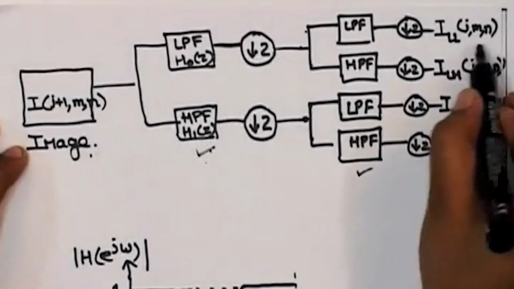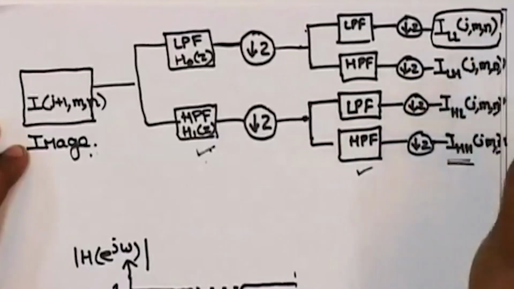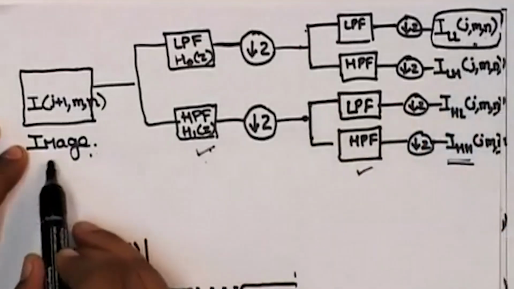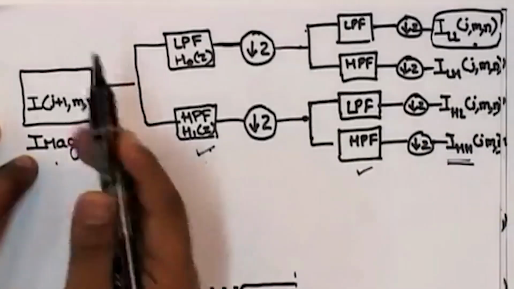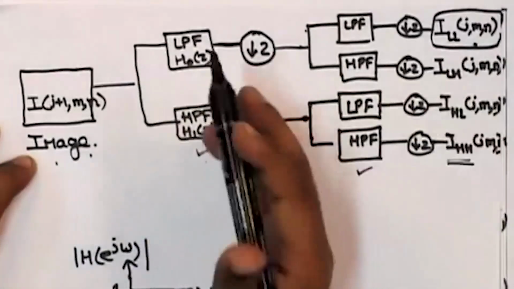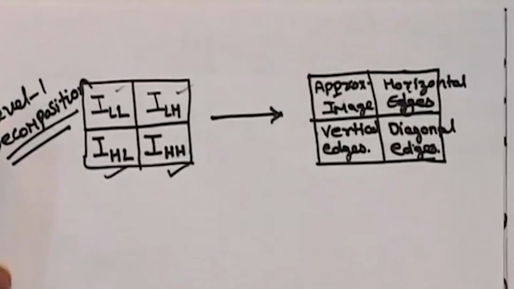So if we perform the same operation as we did for level 1 decomposition, take the output that we have obtained as ILLJMN, consider it as the input over here and perform the same operation as before, we will get level 2 decomposition.